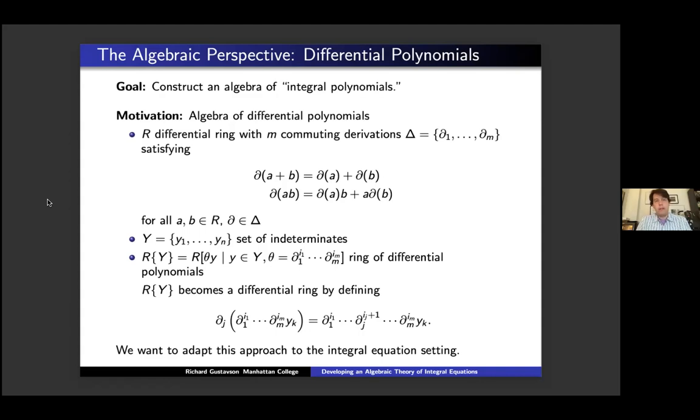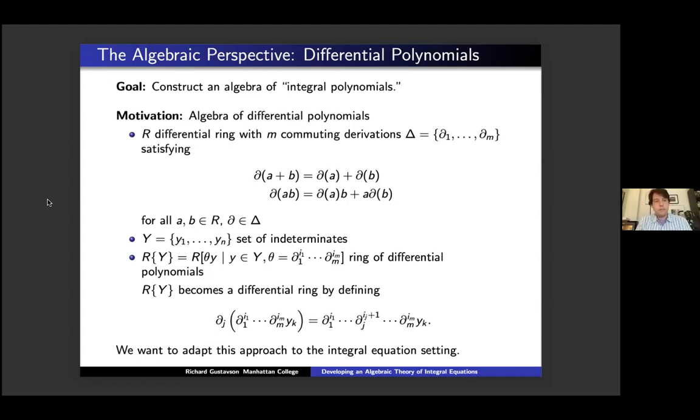We're hoping that we could, say, try to figure out what the solution set of an integral equation, or of a system of integral equations, looks like compared to the algebraic properties of the equation itself, sort of like an analog of the Nullstellensatz, things of that nature, right? So we have some ideas. We had to develop the theory before we could really start to dig into the individual questions we have.